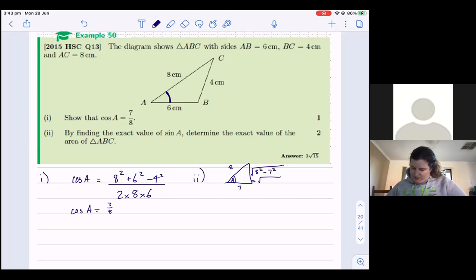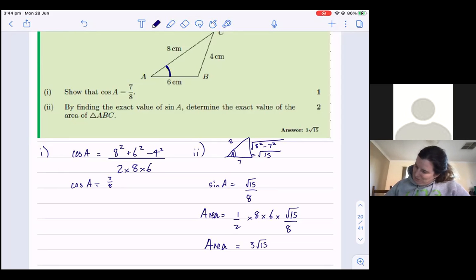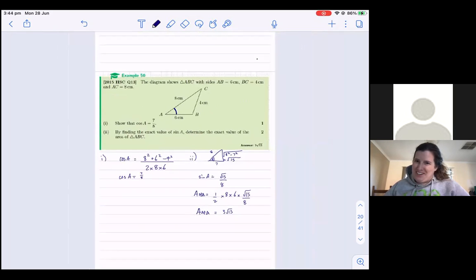So 8 squared, take 7 squared, root 15. So sine A is then root 15 on 8, which means the triangle area is half times 8 times 6 times sine A, which is root 15 on 8, which makes it 3 root 15. Hooray. It's always nice when you have an answer to check against.